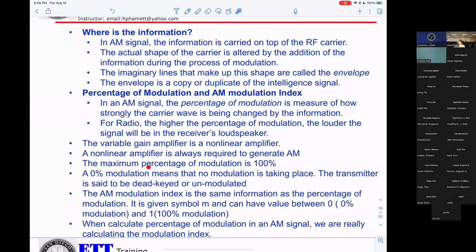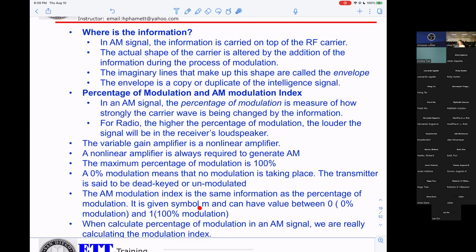The maximum percentage of modulation is 100%. A 0% modulation means that no modulation is taking place. The transmitter is said to be dead key or unmodulated. The AM modulation index is the same information as the percentage of modulation.